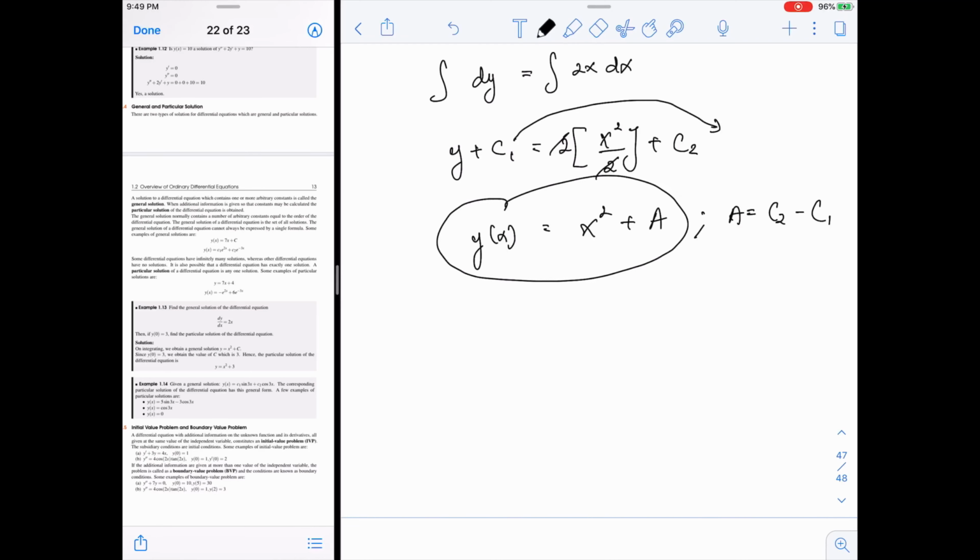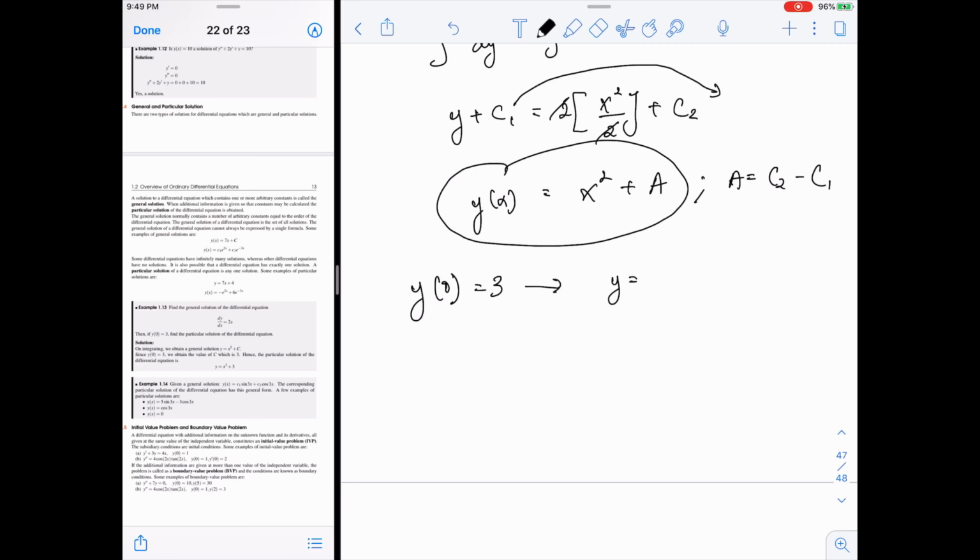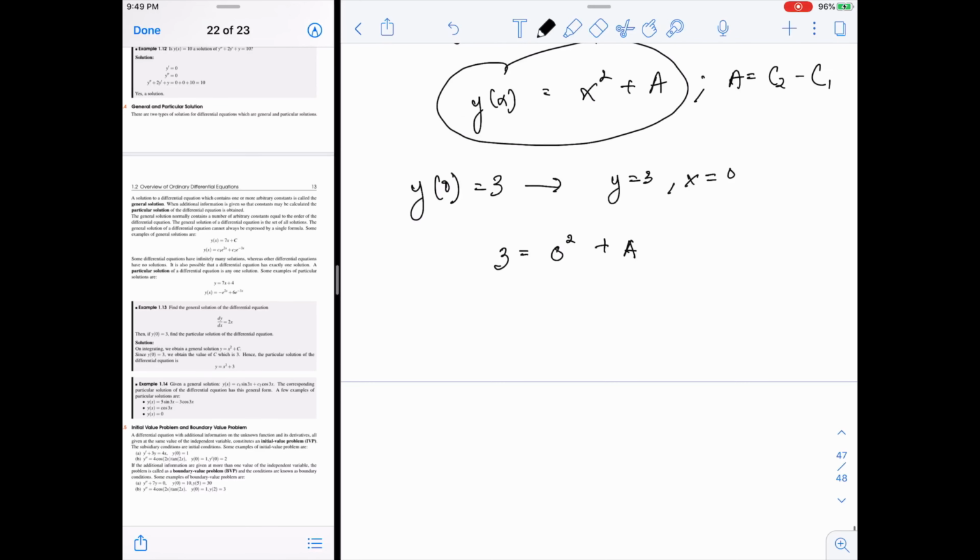However, if you are given one condition, for example y equal to 3 at x equal to 0, it means you need to substitute. So you substitute y equal to 3 and x equal to 0, and you will have 0 squared plus a, and then a is equal to 3.